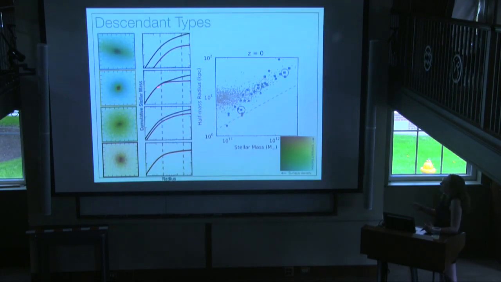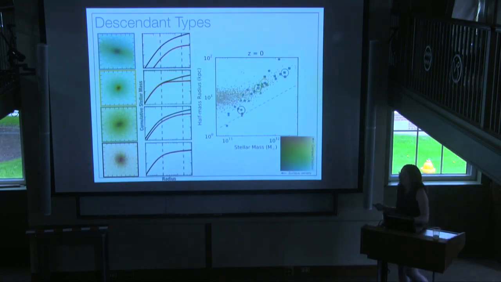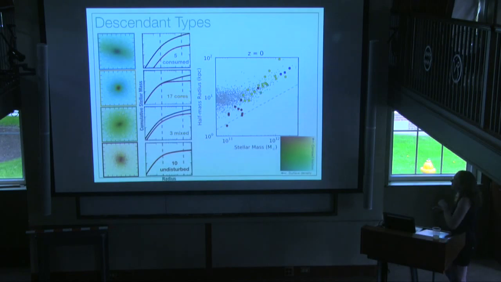And if it's very high at this radius and low at this radius, we say that that's a core. In so doing, we can classify all of the descendants. And when we do so, we find, somewhat unsurprisingly, that the most massive descendants are mostly the ones that have eaten the compact galaxy at some point in time. The lowest mass descendants are the ones that have just been sitting around, and the most common type of descendant is this core type galaxy.